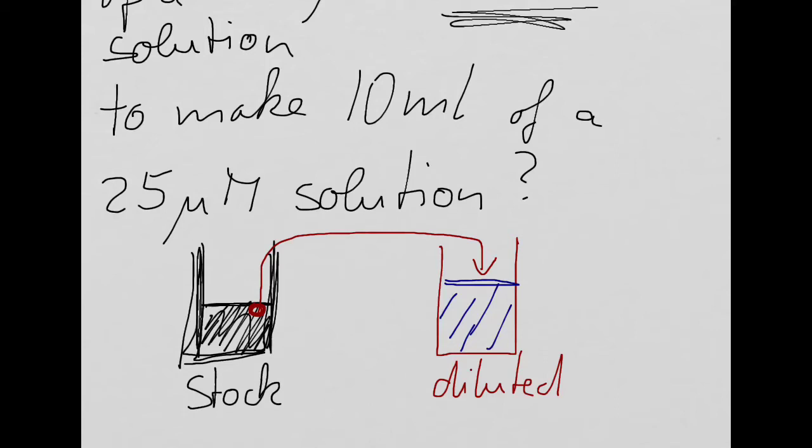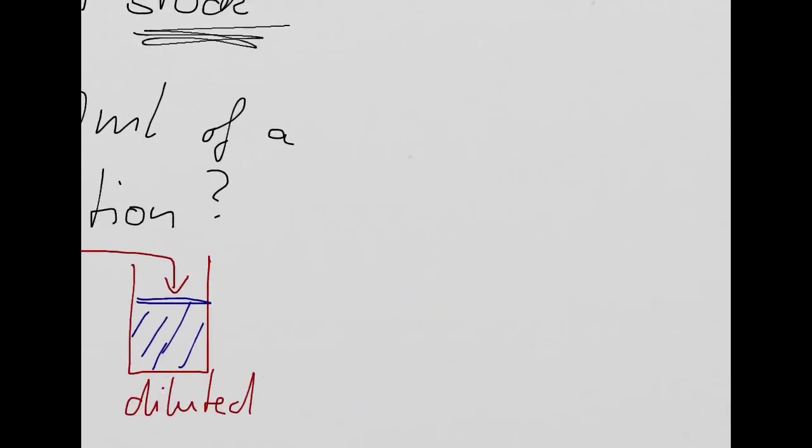And this is basically exactly what you do. You dilute your stock. Now you've learned this from the practical. You've learned this C1V1 equals C2V2, right? Nobody knows exactly what C1 and V1 and C2 and V2 is, and I could tell you that, but very often, people just simply forget.